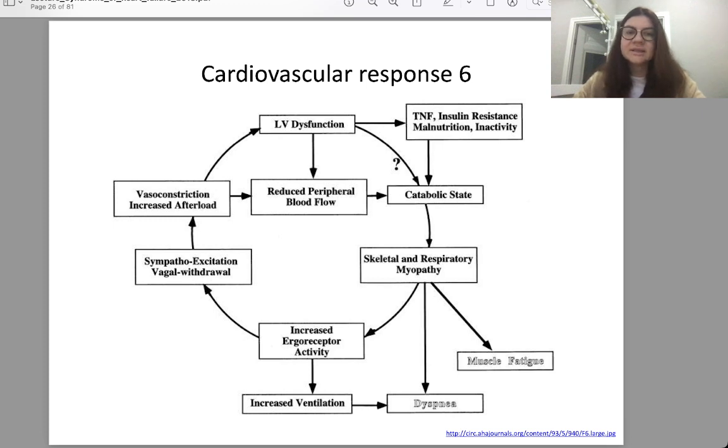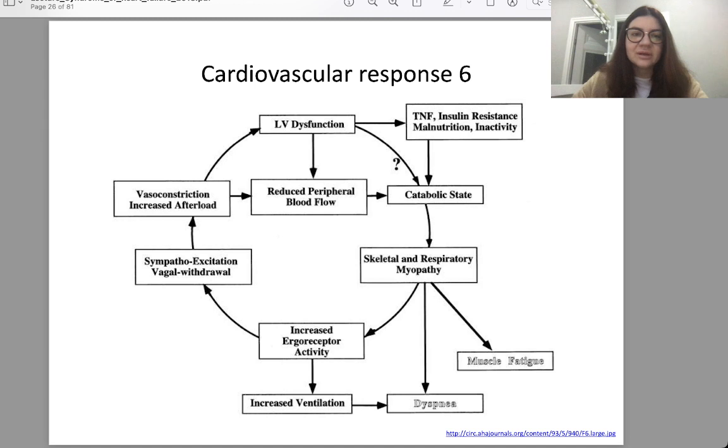And here you see a scheme of the cardiovascular response, how left ventricle dysfunction, in this example specifically, leads to pathophysiological mechanisms and clinical symptoms. For example, left ventricle dysfunction leads to TNF, insulin resistance, malnutrition and inactivity that altogether lead to a catabolic state.